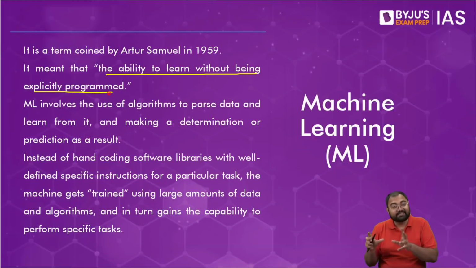So we'll see these kinds of customizations. This is where the machine is learning, because a lot of data has been fed and it has started to understand the pattern. Or if you use Gmail, you'll see that it keeps on finishing your sentences.